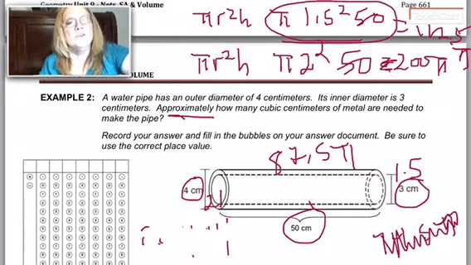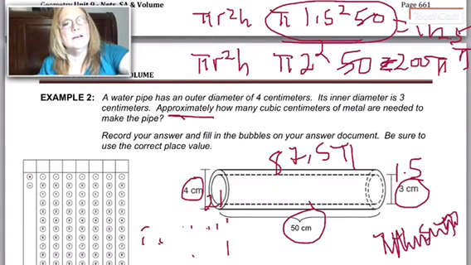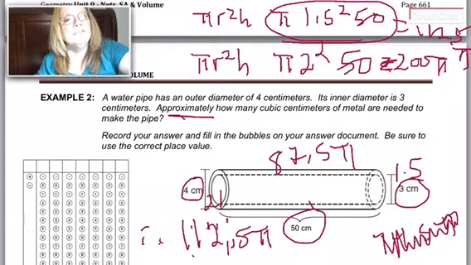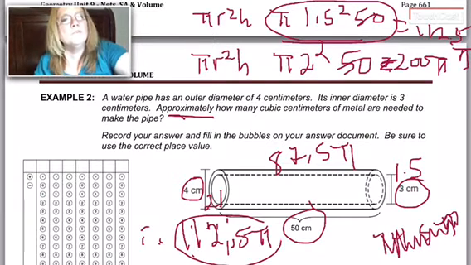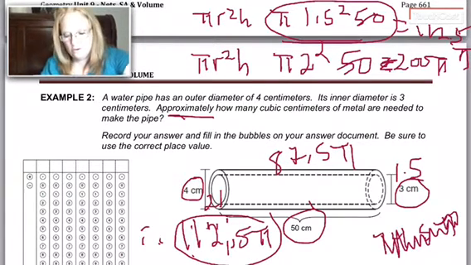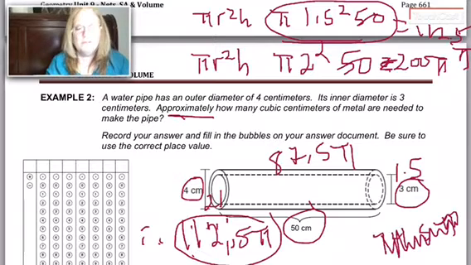So it is 112.5 pi is the difference between 200 pi and 87.5 pi. Now, since it's asking for the approximate, let's go ahead and multiply that times pi.